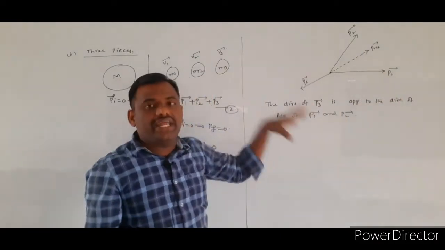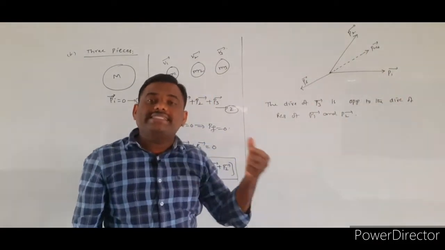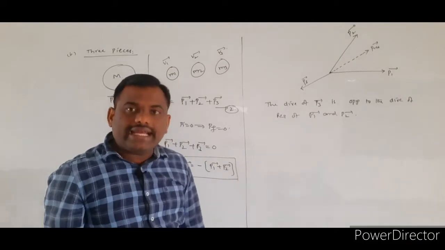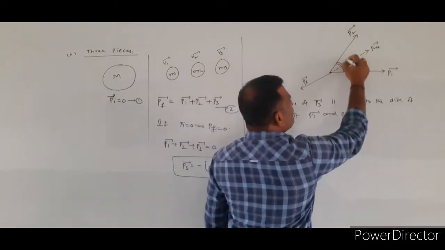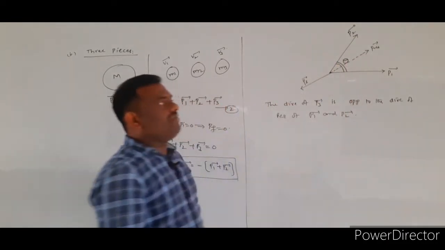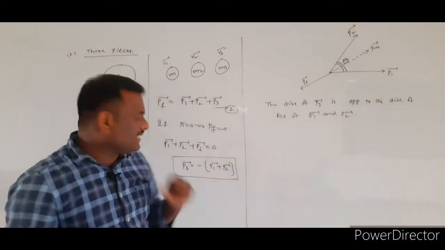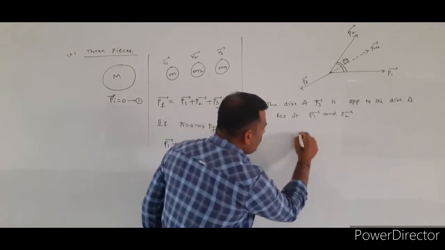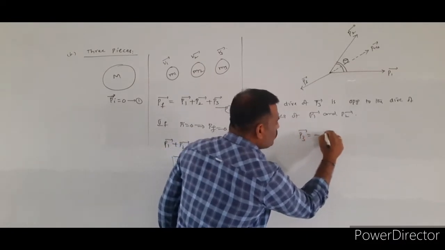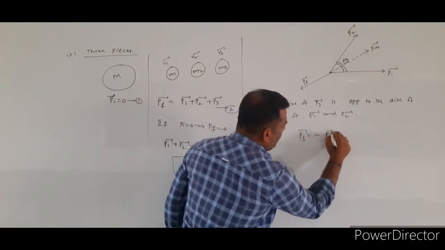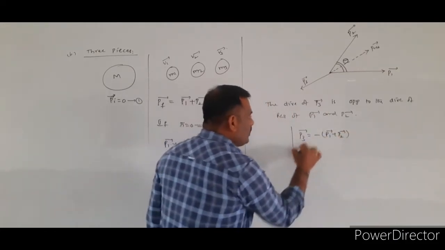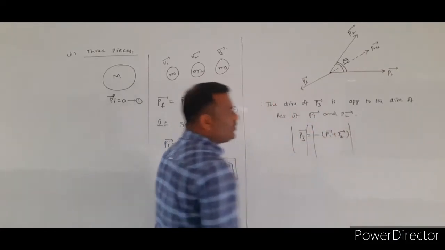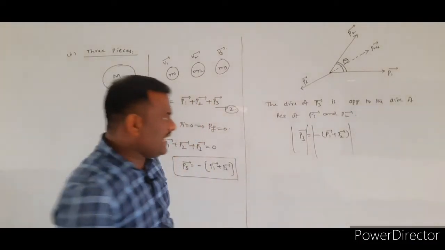Okay, you found the direction. How can you calculate its magnitude? Suppose we assume theta is the angle between P1 bar, P2 bar respectively. As you know the equation, P3 bar is equal to minus of P1 bar plus P2 bar. To find the magnitude, what we have to do is take the modulus on both sides.